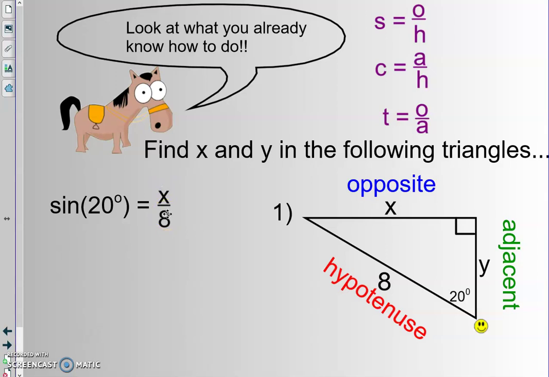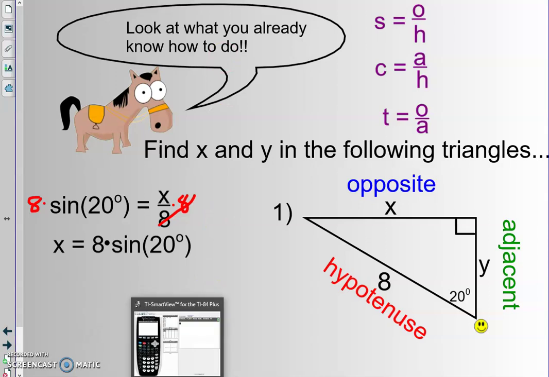Now, just like when we did tangent functions, our goal is to get the x by itself. So we're going to multiply both sides in this case by 8. And we end up getting that x equals 8 times the sine of 20. Because, of course, you know that those 8's canceled out.